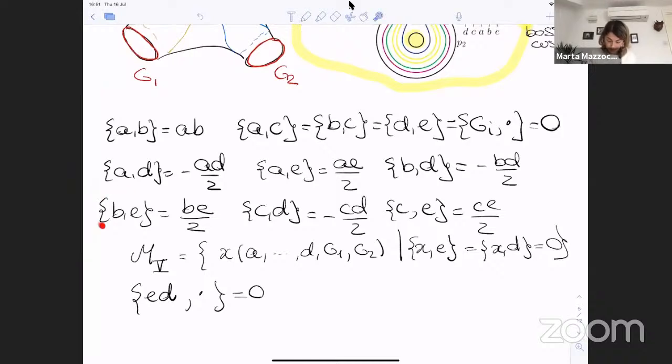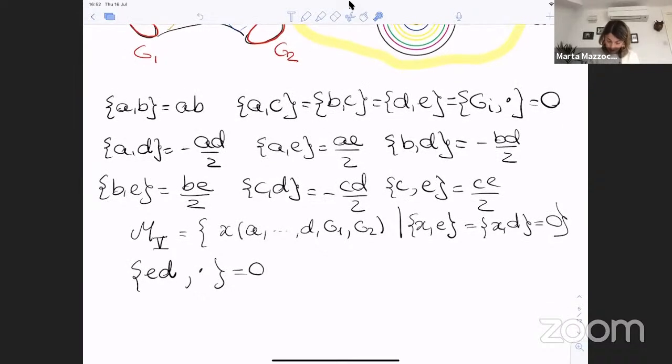For example, look, E with B will give me BE over 2 as Poisson bracket. So that's not a Casimir, okay? So you are requesting a reduction here. Okay, so this is the way in which this specific example of this cubic is generated.